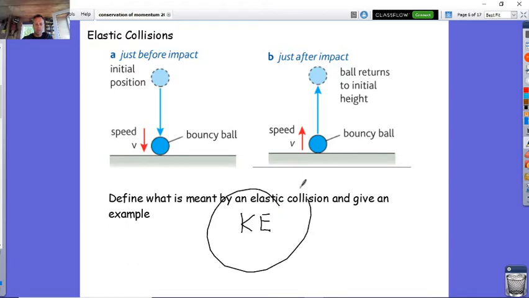The total kinetic energy before and the total kinetic energy afterwards have to be the same. You'll find that in your book, it's 1.4 in the old book, and you'll find it in the new book on that PDF copy. I'm not sure what chapter it's on at the moment, to be honest, but that one holds true.